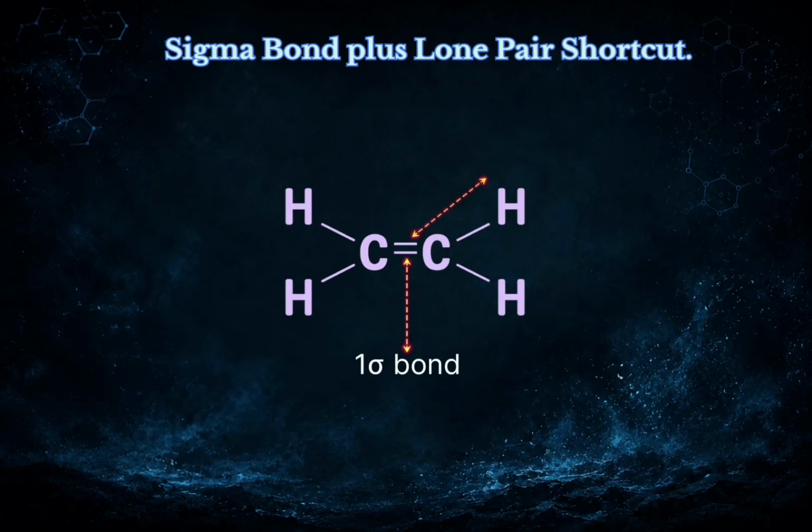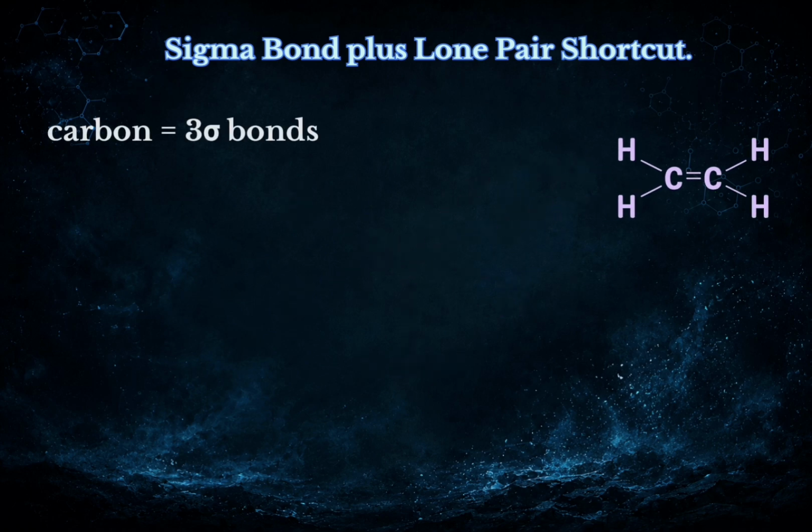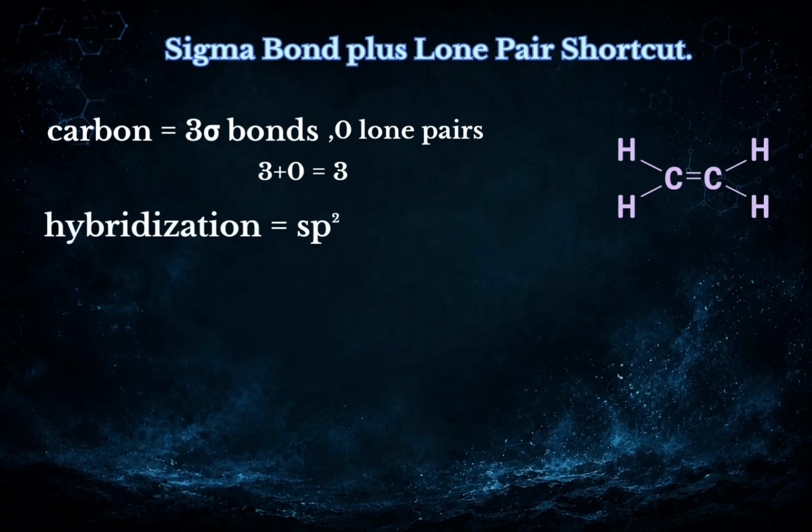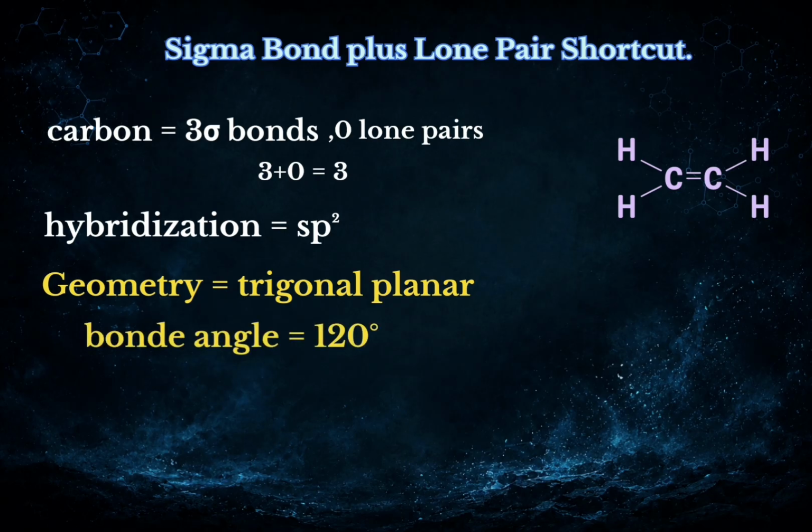The other bond is a pi bond, and we do not count pi bonds, so carbon has 3 sigma bonds and 0 lone pairs. 3 plus 0 equals 3. A steric number of 3 means the hybridization is sp². Its geometry is trigonal planar, with a bond angle of 120 degrees.